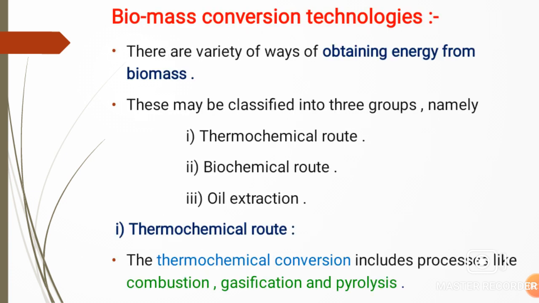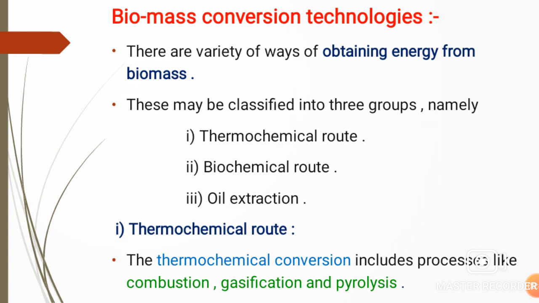Now the second point is the biomass conversion technologies. There are different technologies which help us to convert the biomass into a suitable form, that is biogas or biofuel or biodiesel, so that we can utilize this form for the different applications.